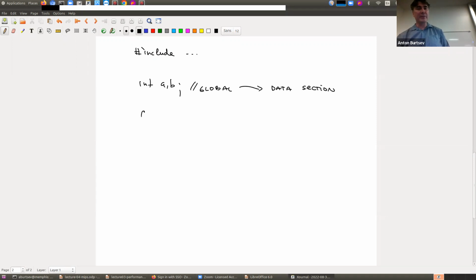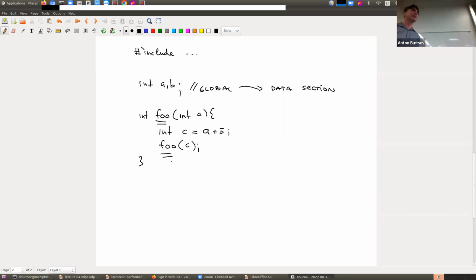Imagine I write something like foo, which takes an integer as an argument, and maybe even returns an integer. It has a variable C, which takes A plus 5 and recursively invokes foo with this C argument. Each time you invoke foo recursively, there might be some infinite number.